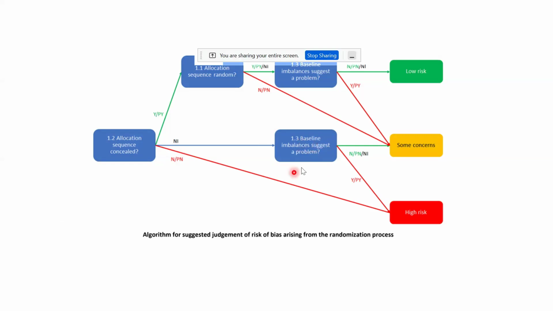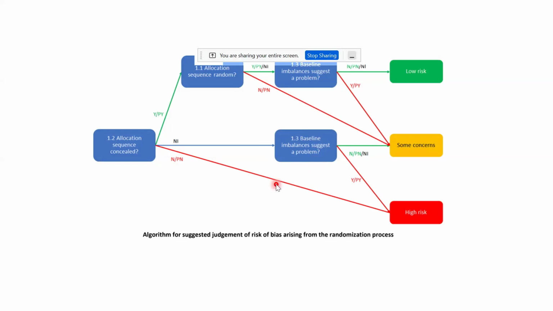Now, 1.3 is, do baseline imbalances suggest a problem? What does this mean? We will see the characteristics of the intervention and the control group. Randomized trials often make this Table 1 in their report.